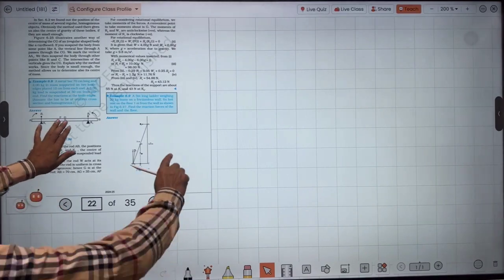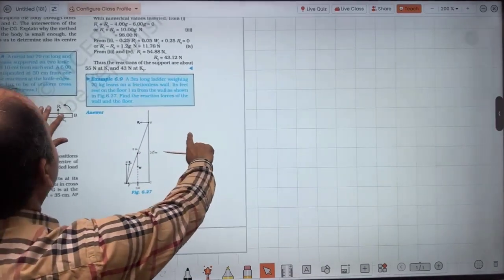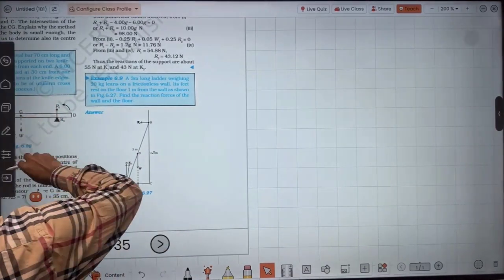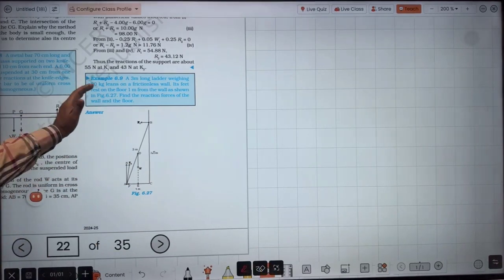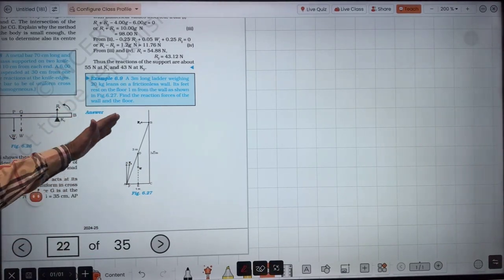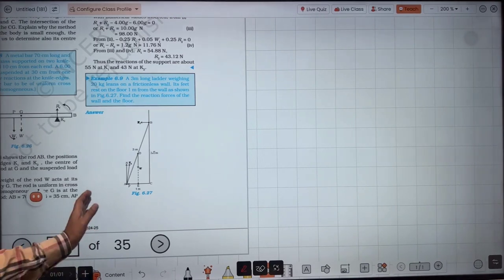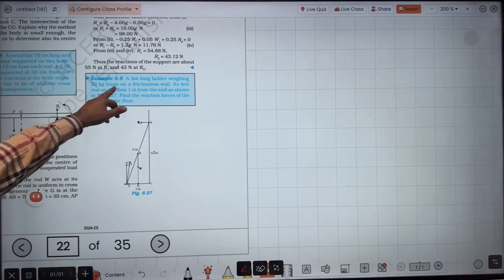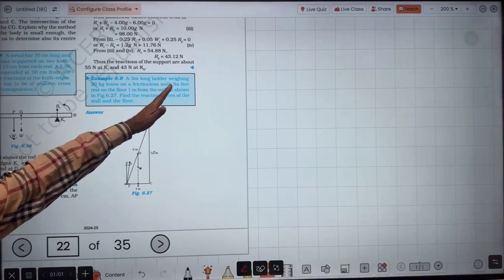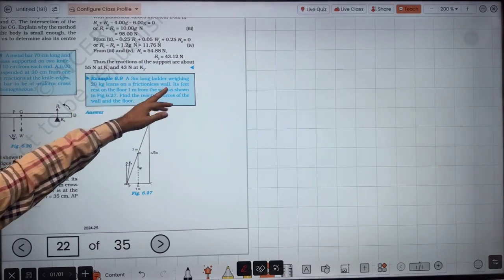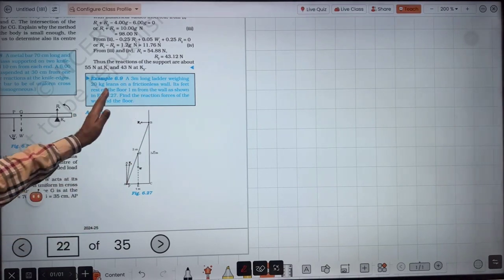Okay, there is another question that is also interesting question, and here we have to consider that this ladder is in rotational equilibrium, so all forces will get balanced. A 3-meter long ladder weighing 20 kg leans on a frictionless wall here.